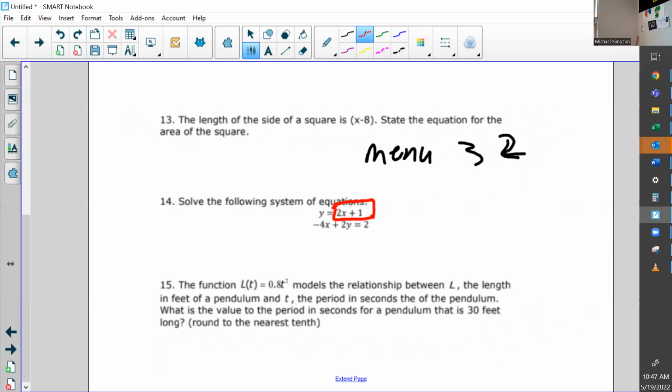So all I've got to do is, in my second equation, wherever I see y, replace it with 2x plus 1. So I'm going to have negative 4x plus 2 times y, but my y is equal to 2x plus 1, and that's equal to 2. Let's simplify now.